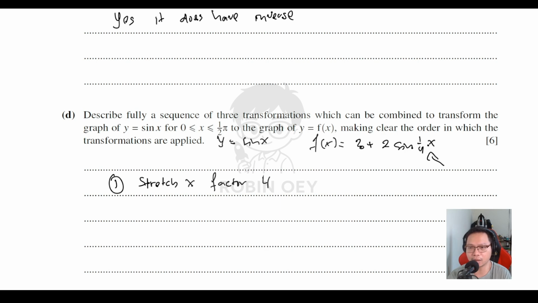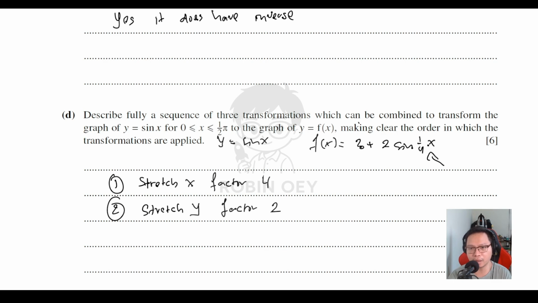The factor is 4, so you have to flip. How about y? We also have a stretch of y here. The factor would be 2. You don't need to flip for y, only for x.